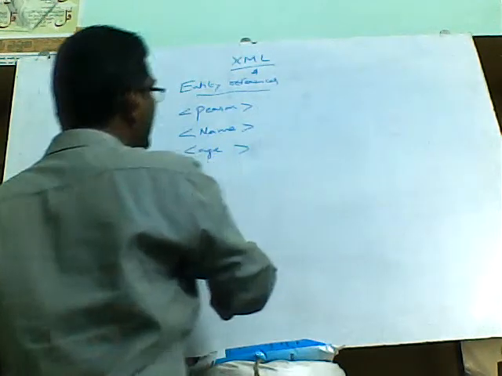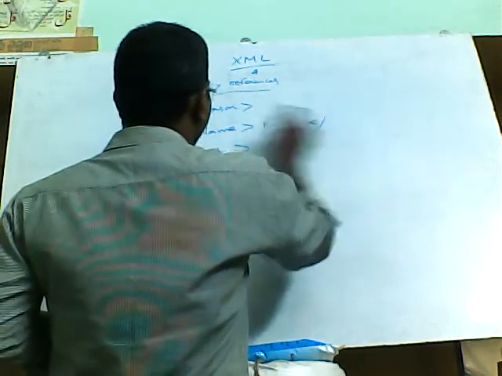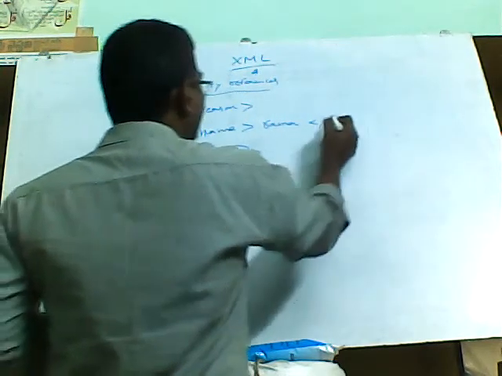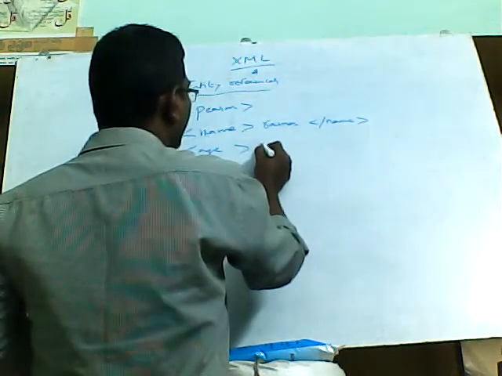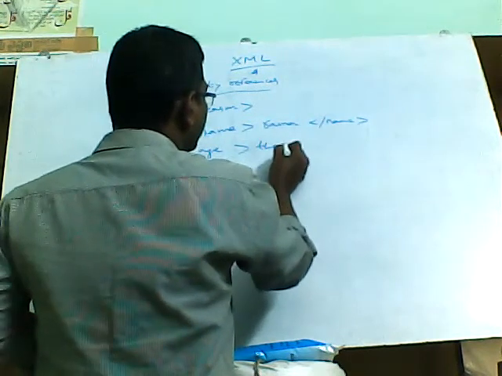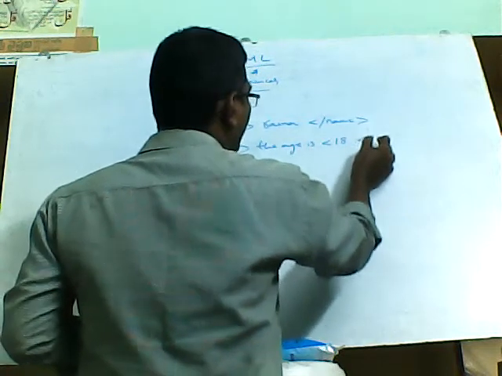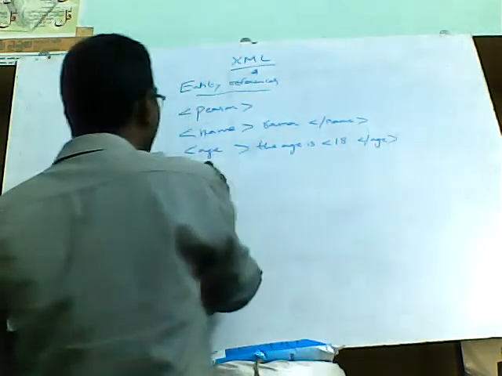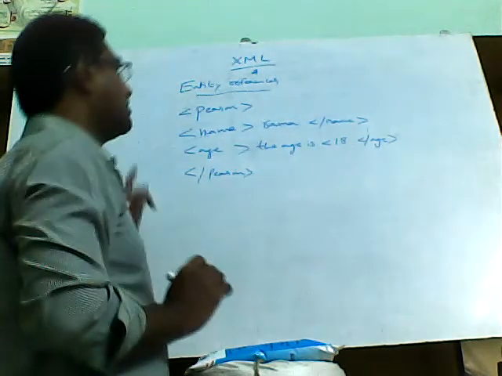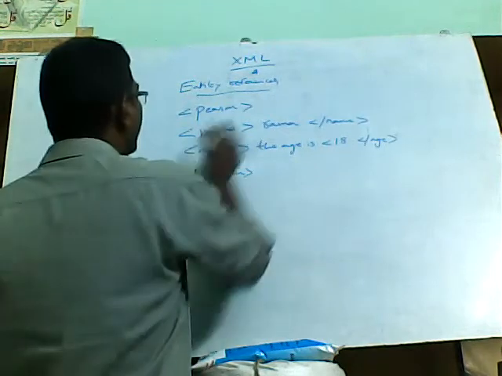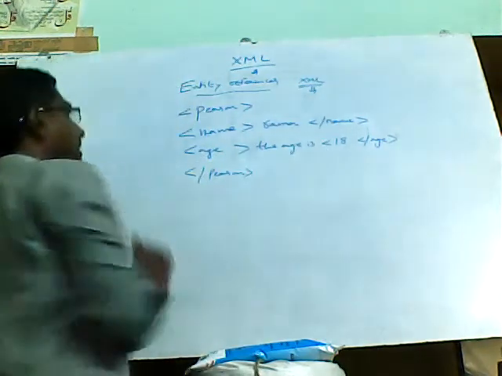The name will be Rama, then close the name element, and then age, where the age is less than 18. Then close with slash person. This document we will call one XML document.